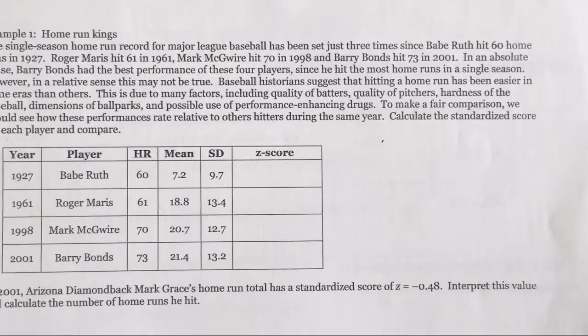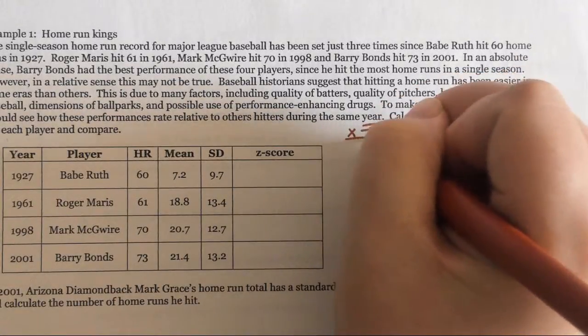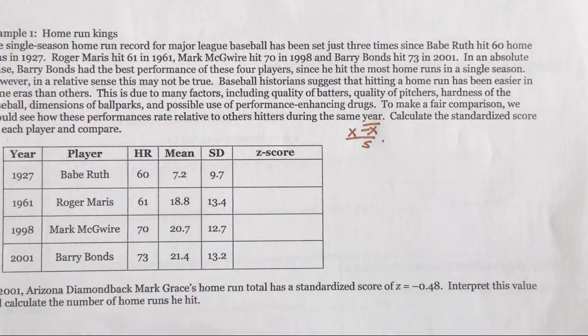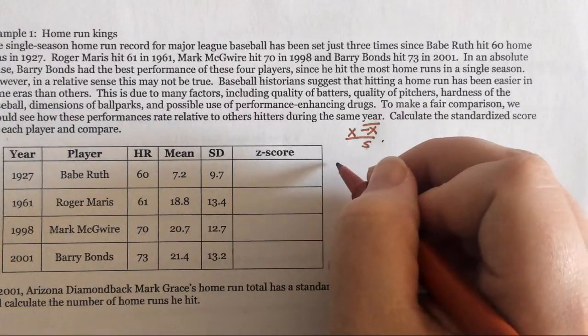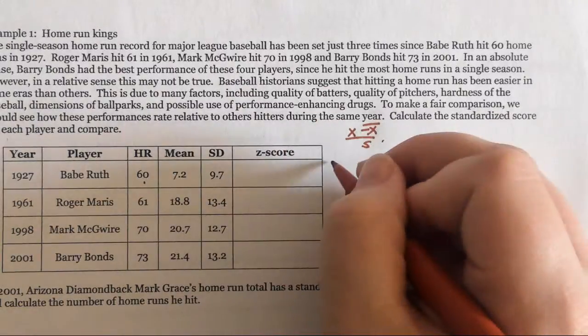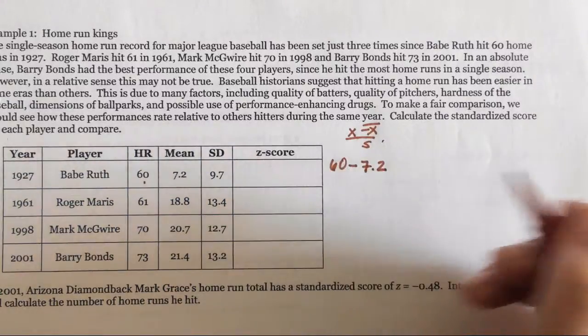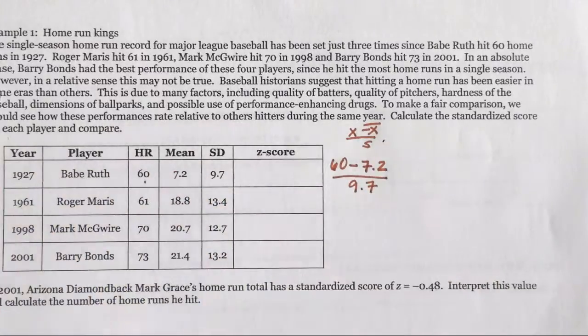So again, we have that formula that says we're going to do x minus x bar divided by s. Thankfully, we're given all these things. So x is the sample. It's going to be 60 minus x bar, well, that's 7.2, divided by s, that's going to be 9.7. When you type that in your calculator, I need it with 2 decimal places.